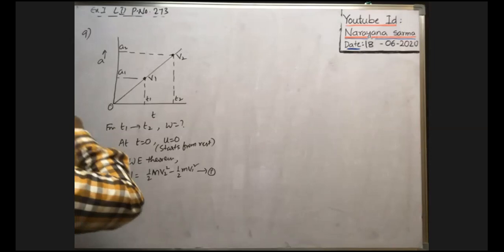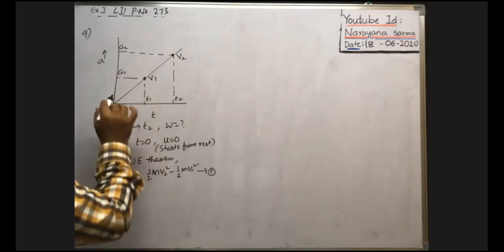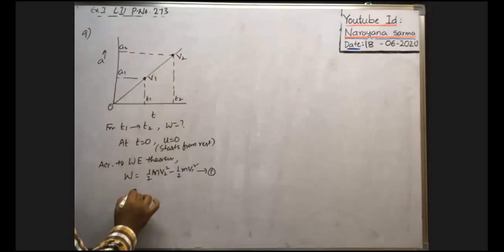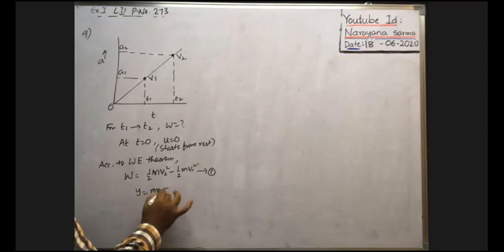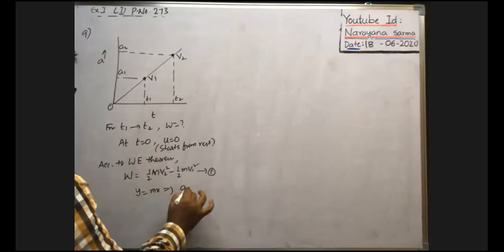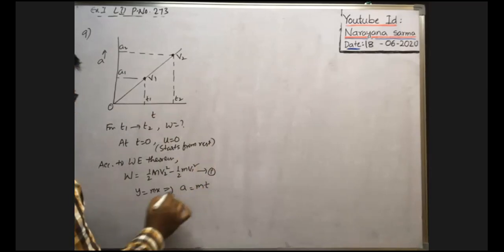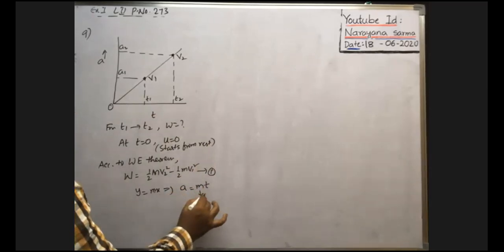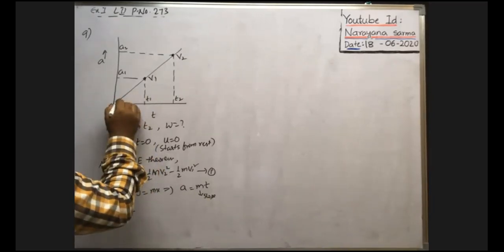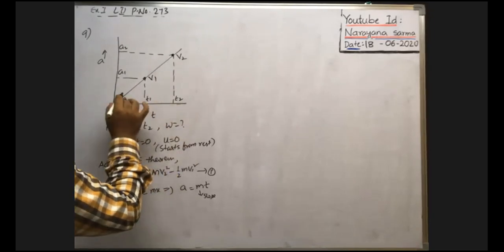You see here, as the a-t graph is a straight line passing through origin, definitely it follows the y equal to mx formula, no? Because the straight line has positive slope. So apply y equal to mx to this situation. Along y-axis we have taken acceleration, that is equal to slope m into t along x-axis, where m is the slope. What is the slope from the diagram? Suppose the angle made by the straight line with the time axis is theta, then tan theta is the slope.